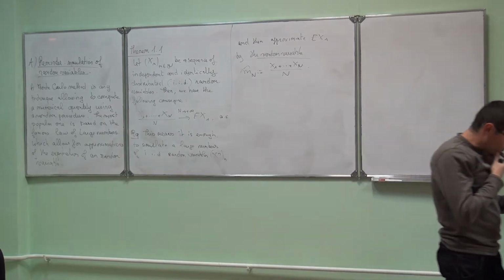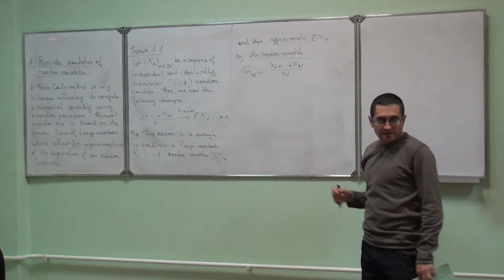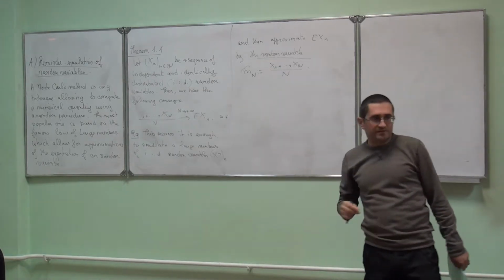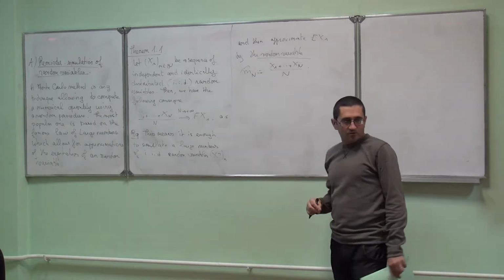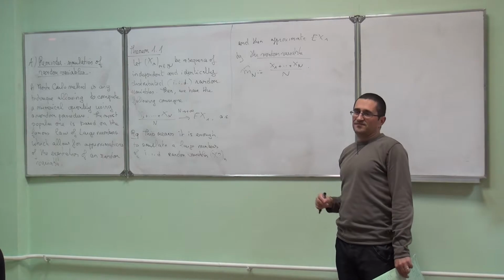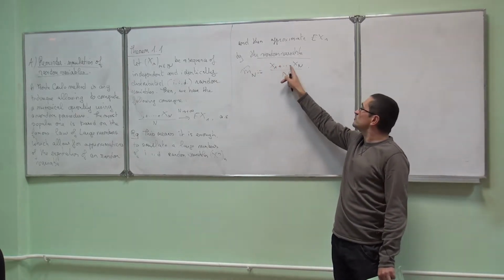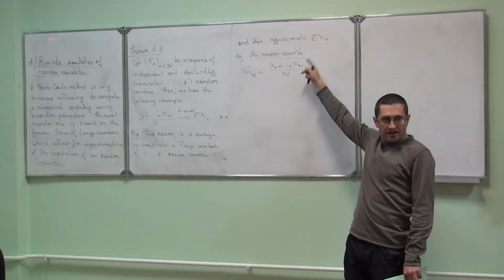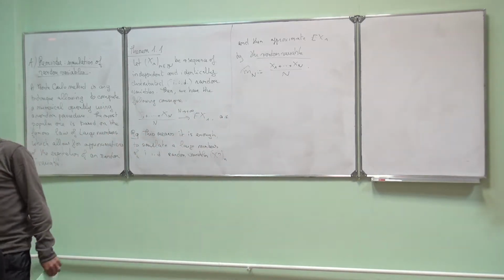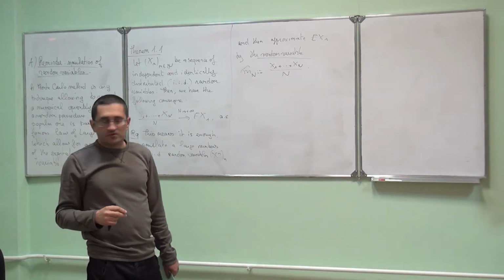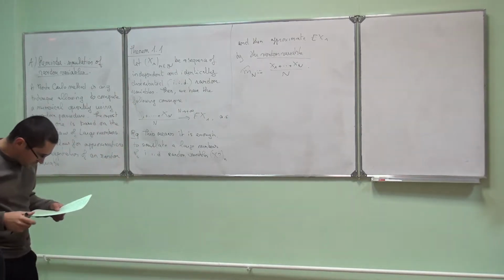We need to be very careful about this random variable. What is the point space here? This is the set of all possible samples of size capital N. M hat N of omega equals (X_1 of omega + ... + X_N of omega)/N, the same omega, and omega designates any possible sample whose size is given by capital N. This is the idea.